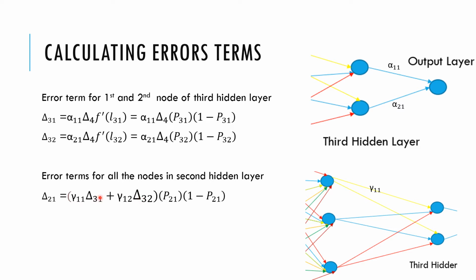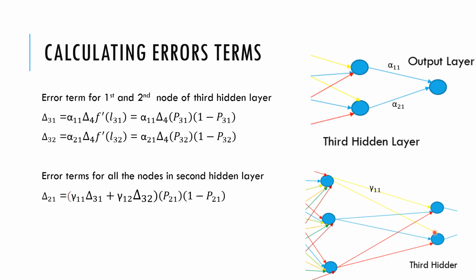So you see, this is what we have done. We have added here, right? And the whole thing is multiplied by the gradient of sigmoid. Same as this. The only thing is, now there are two nodes here, right? Here it was one node, here it is two nodes, and therefore we need two such terms here and add them together. So the error term of this is your delta 31 multiplied by this gamma 11, right? Then we send this back to here.